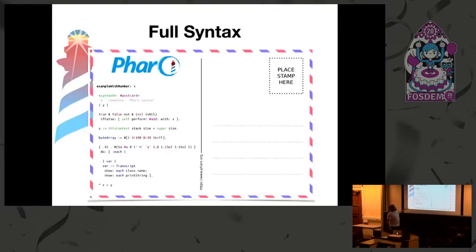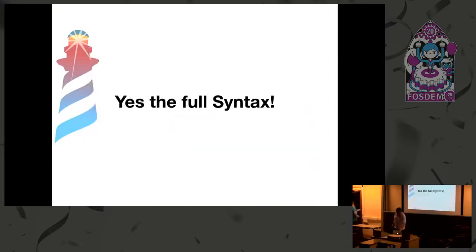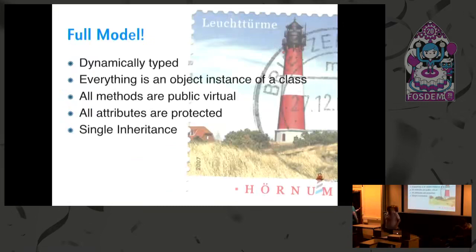This is the whole syntax of Faro. Sorry if some of the details cannot be seen, but this is it. This is the full syntax. We only have this, and with this we have a pretty nice object model on top of it, basically a dynamically typed system where everything is an object, everything is an instance of a class, and the classes are also objects.